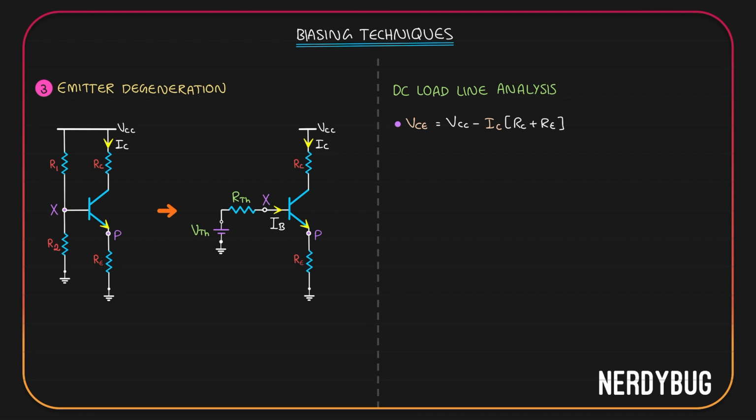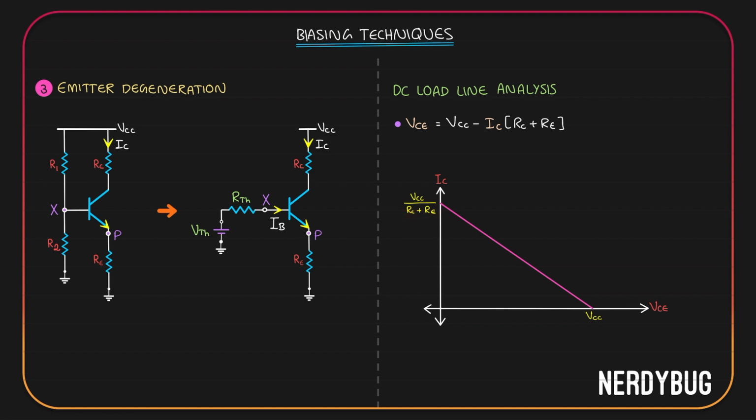If we draw the graph, this is how it will look like. When IC is 0, VCE will be equal to VCC. So this point is corresponding to VCC. When VCE becomes 0, IC will be VCC by RC plus RE. So at this point, we get VCC by RC plus RE.